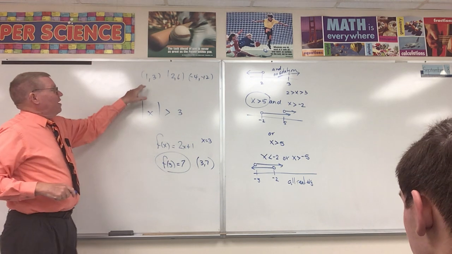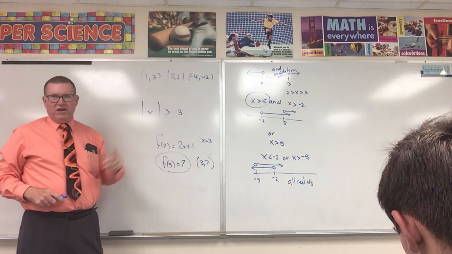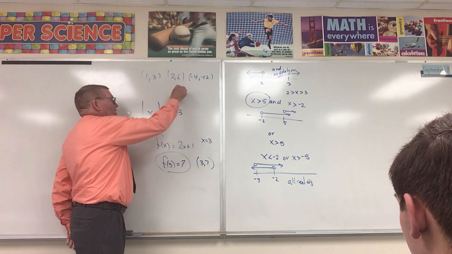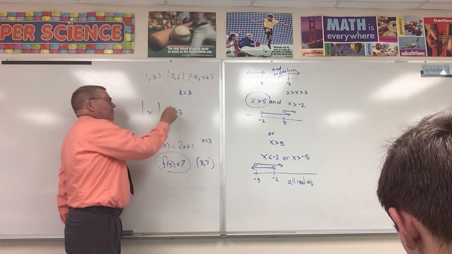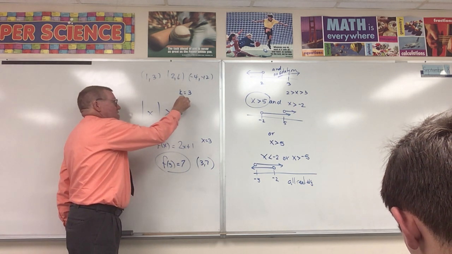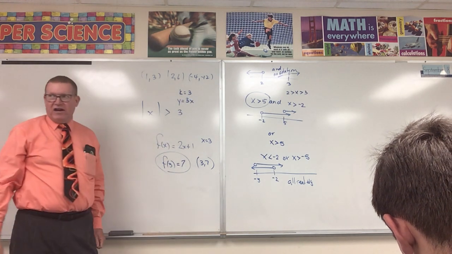So 3 divided by 1 is 3, 6 divided by 2 is 3, negative 12 divided by 4 is 3. So what is my k? 3. And what is my function rule? y equals 3x, or f of x equals 3x.